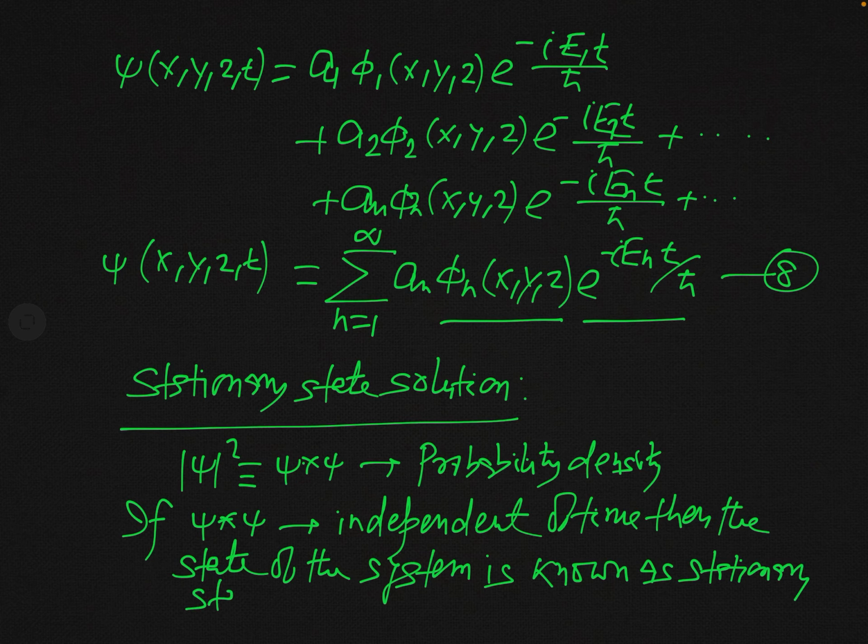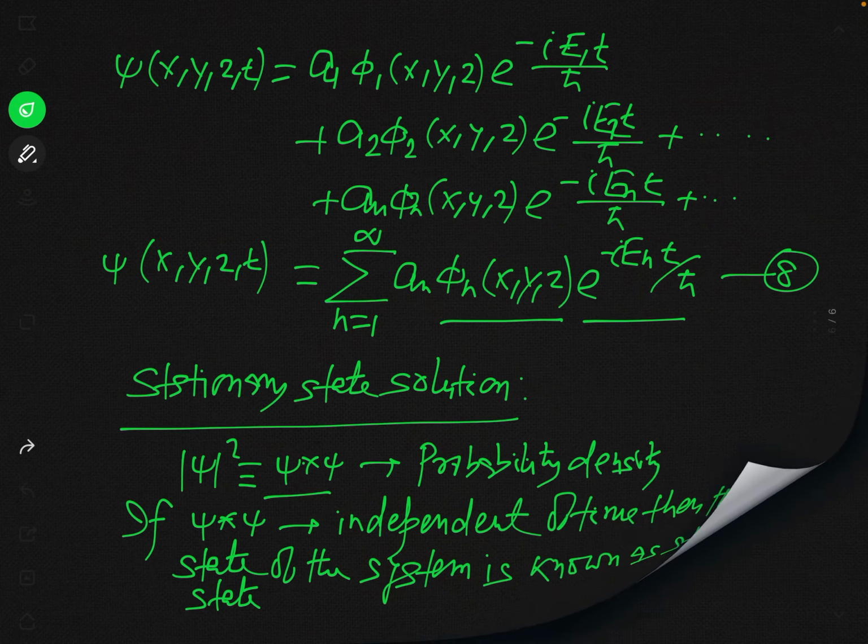So mark this: a probability density, which is defined as mod of psi square or psi star psi, if this is independent of time, then you say that the state of our system is a stationary state.